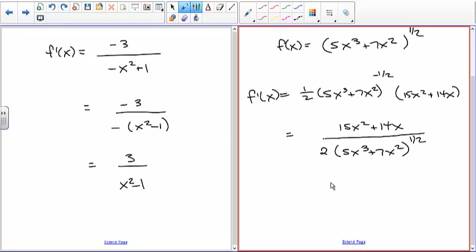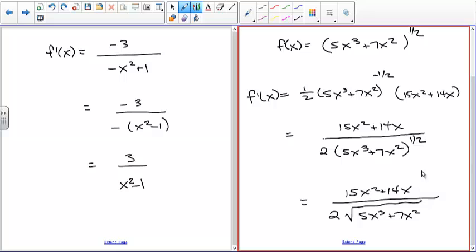And so this is the one case where I want you to rewrite a fractional exponent as a square root. So this then would become the square root of 5x cubed plus 7x squared. If this were a third or a 3/2 or whatever, just leave it as a fractional exponent.